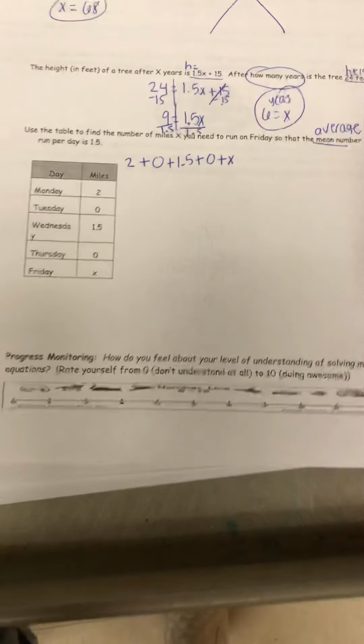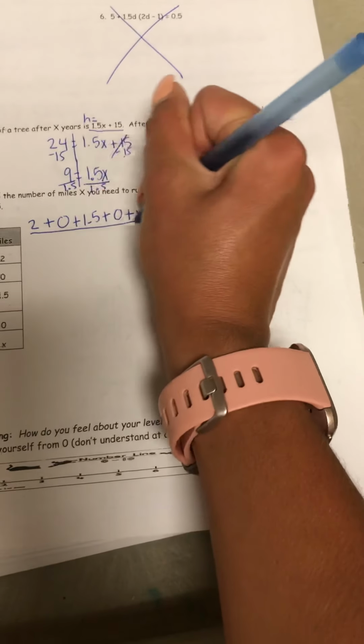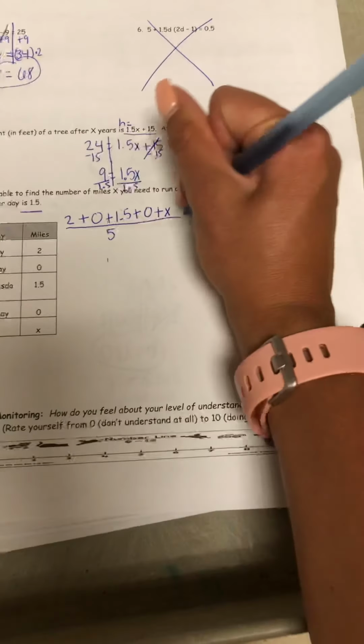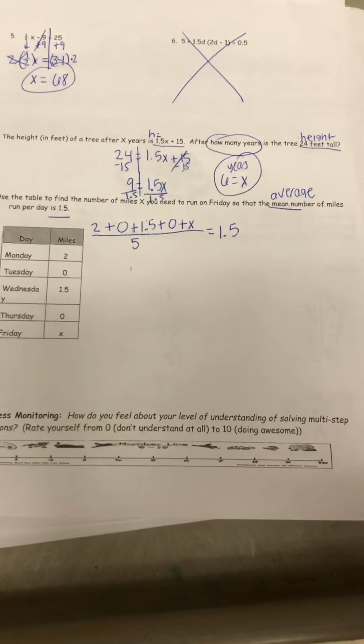Now, when I want to find the average, I need to add them up and then divide by how many numbers I have, and I have 5. So I'm going to put that in a fraction, okay? And they want the average, so once I add them up and divide by how many, the average would be 1.5, so that means I'm setting this equal to 1.5.